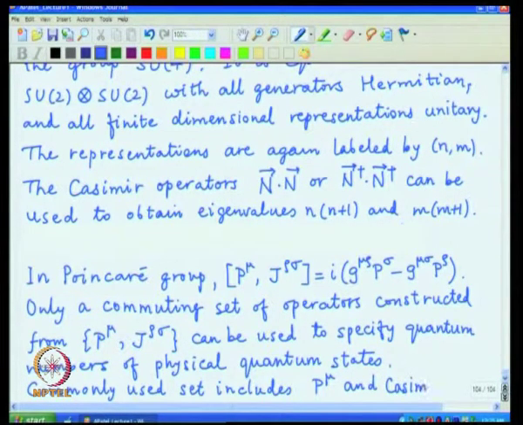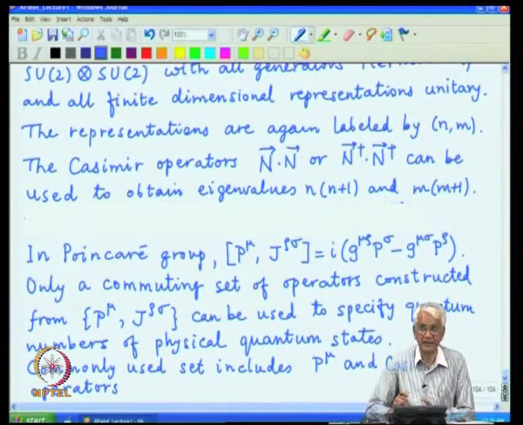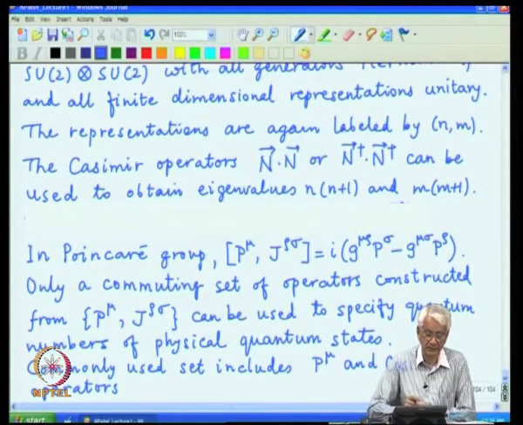They are all so called quadratic Casimir operators, which are used to specify momentum and angular momentum values for these various states. And the only thing which is left for us to answer is how far we can extend this set of operators to completely specify the state with the maximal set of quantum numbers, and we will have to answer that question by constructing the whole set of mutually commuting operators.